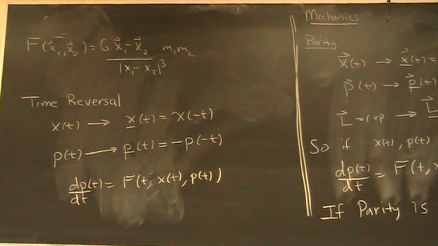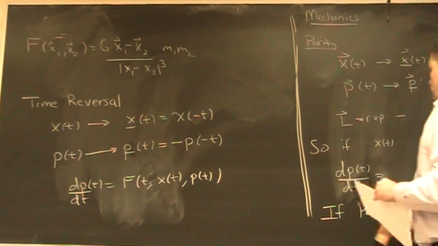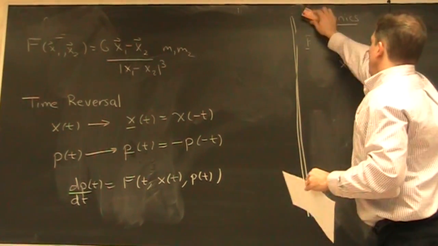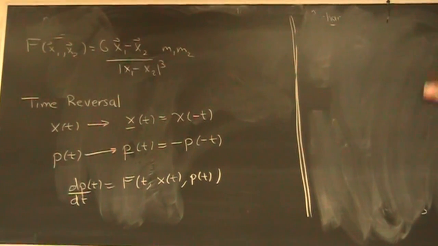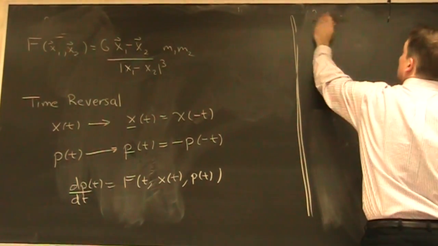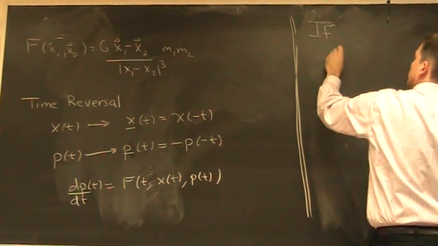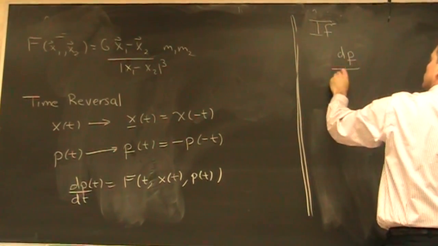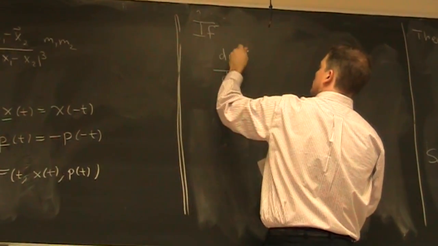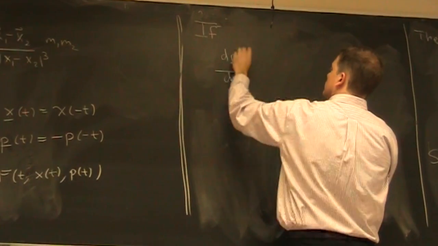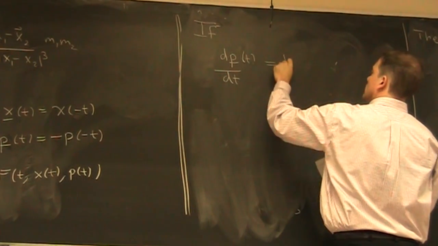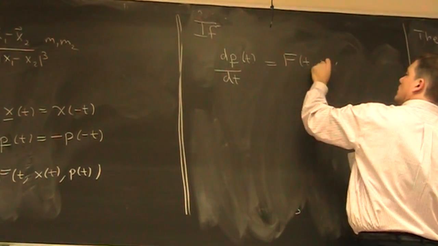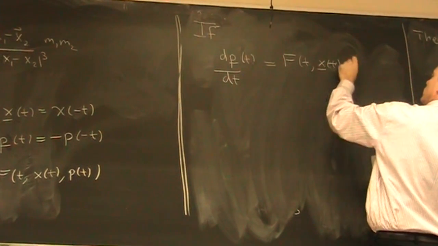And now I invert and ask if x bar and p bar are solutions. t is just a parameter running from minus infinity to infinity. So we want to know if dp bar/dt is f of x bar of t and p bar of t.